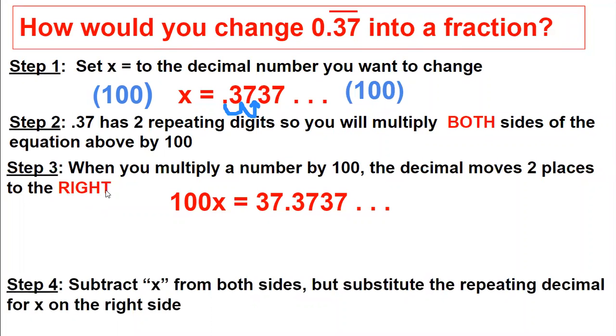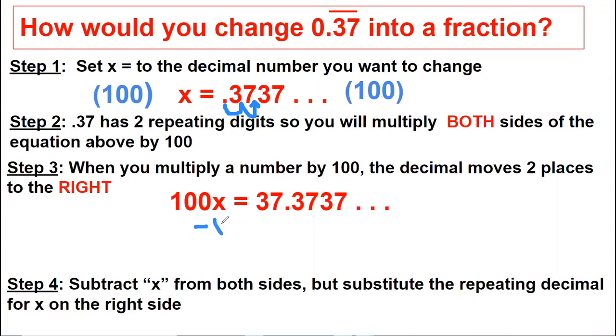Step 4 is to subtract x from both sides, but substitute the repeating decimal for x on the right side. So what I'm saying here is I'm going to subtract x from this side, and I'm going to subtract x from that side.